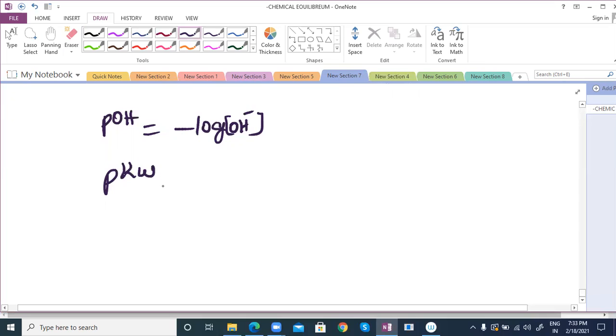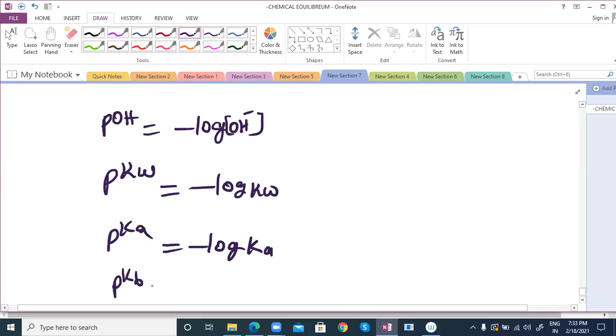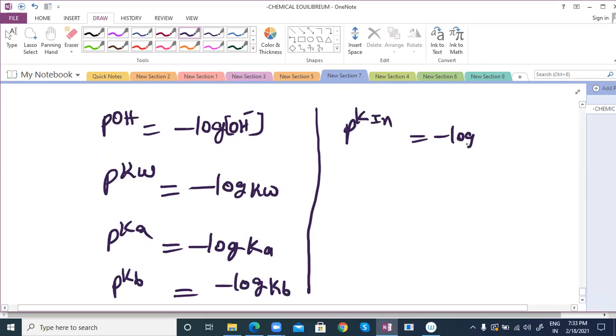And pKw equals minus log Kw, and pKa equals minus log Ka. Ka means acid dissociation constant, Kw means water dissociation constant, Kb means base dissociation constant, and maybe in future you can get pK indicator. This is minus log K indicator.